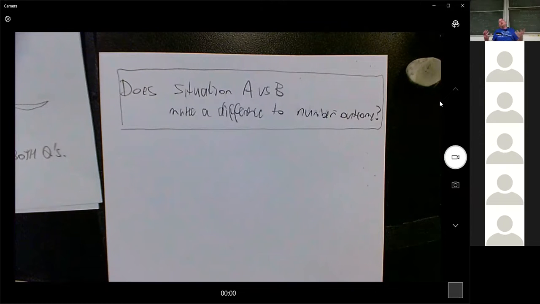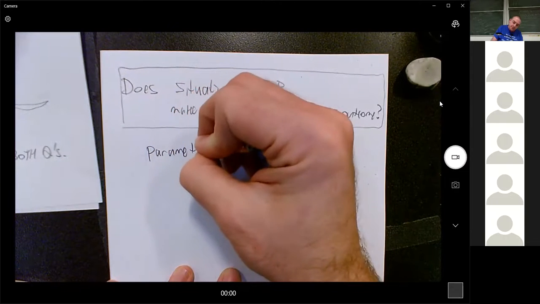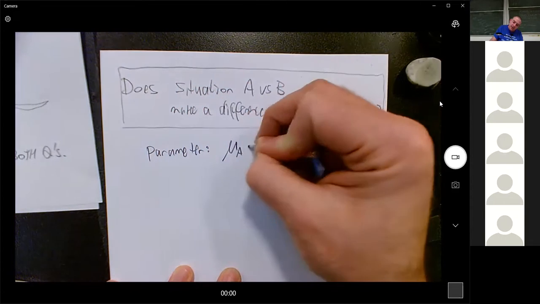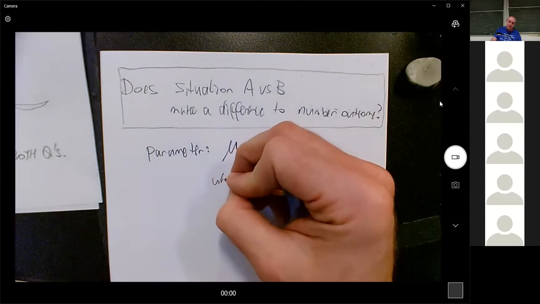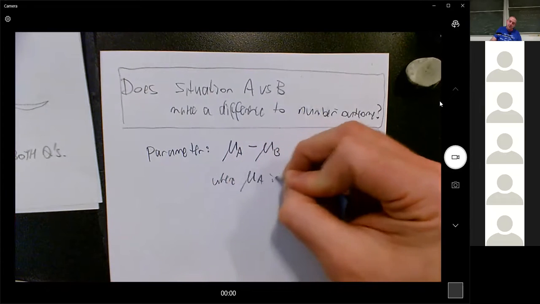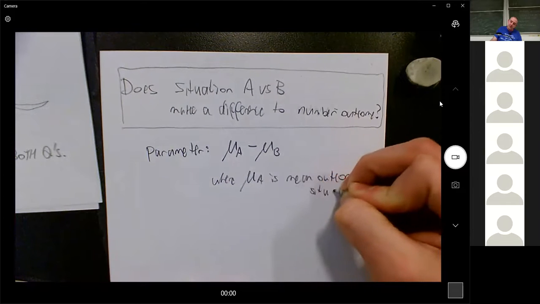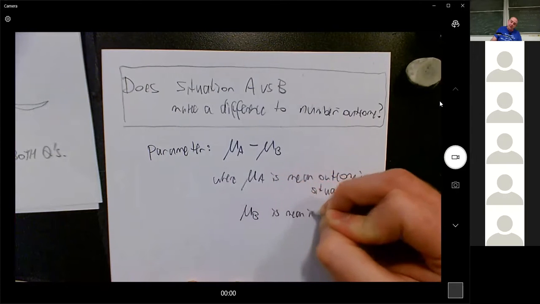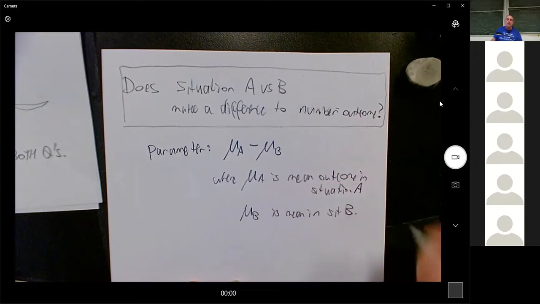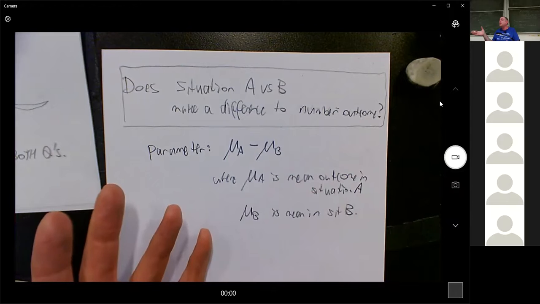But the way you have to pitch it for doing statistics is to say that the parameter is the mean in situation A minus the mean in situation B. Mu A is the mean in situation A, and mu B is the mean in situation B. That's how you have to pitch it, in order to do statistics of the kind that you've been taught.